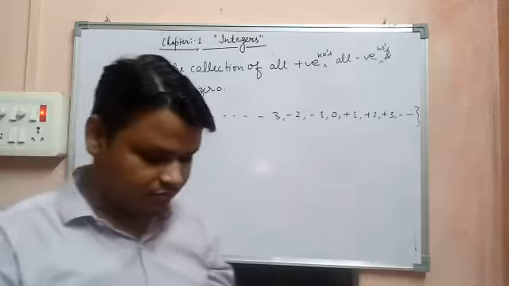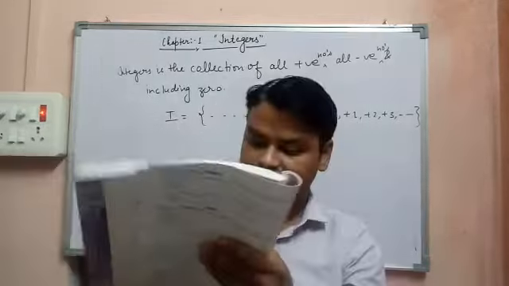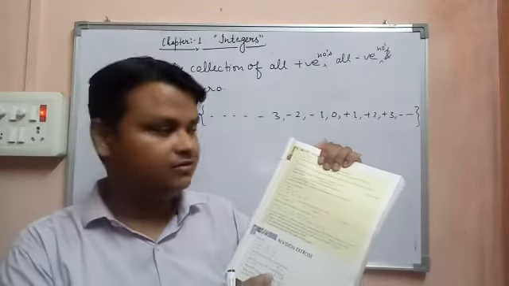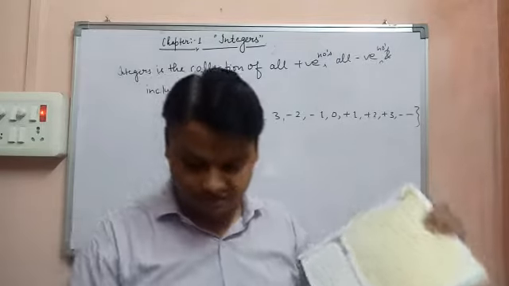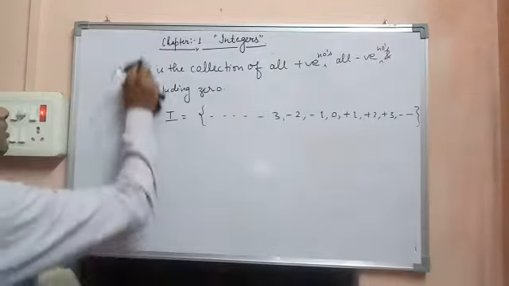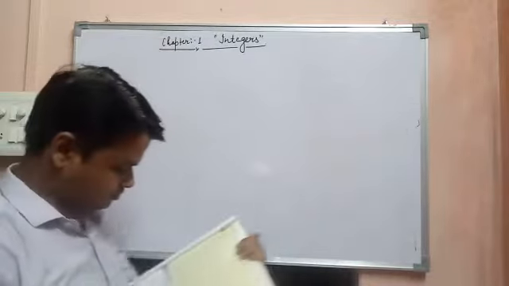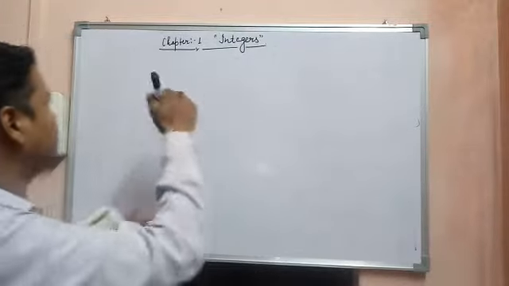Today we will revise the exercise of chapter 1, which is at page number 19. Question number 1: you have to simplify.